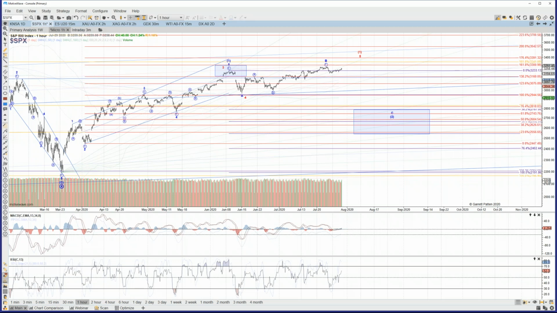Next question, for SPX, if it's the blue count, which is a leading diagonal, wouldn't you expect a deeper retracement in the wave 2? Yes, you are correct that typically, not always, it's not guaranteed, but more often than not, if you have a leading diagonal as an A wave or wave 1, the subsequent pullback as a wave 2 or a B wave tends to be on the deeper side.